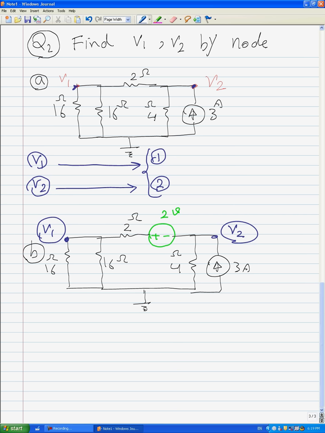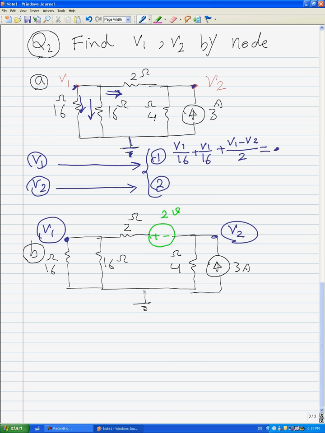For node 1, it's easy. We have V1 over 16, again plus V1 over 16, because here we have ground, and voltage for ground should be 0. And for this current, we have V1 minus V2 over 2 equal to 0.